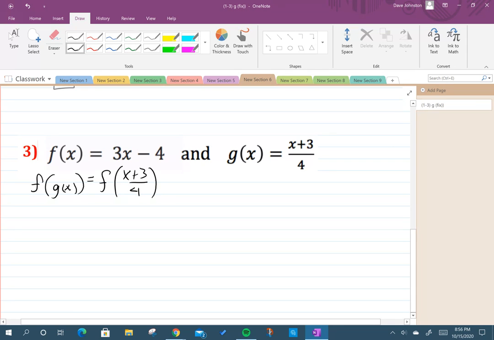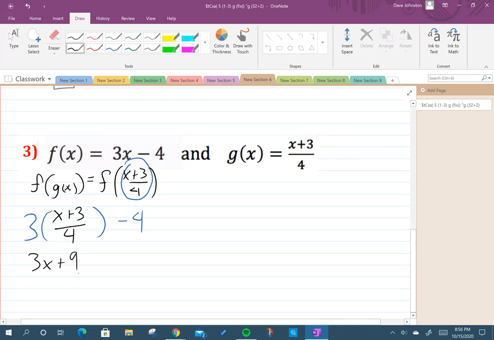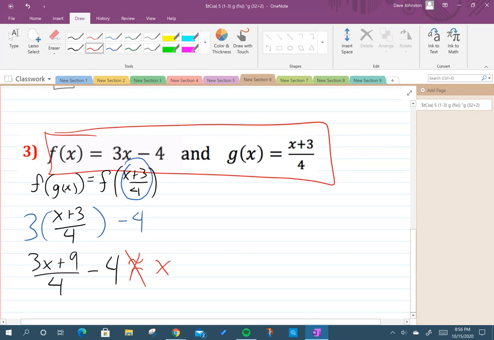My f function is 3 times something minus 4, and I'm going to substitute that in the place of my x. Now I'm looking at 3x plus 9 over 4 minus 4. Is that ever going to be equal to x? Heck no. So I can say right away, these two things are not inverses of each other.